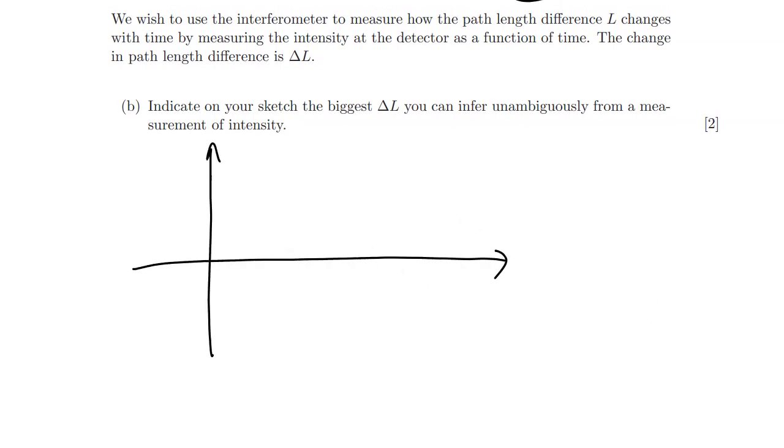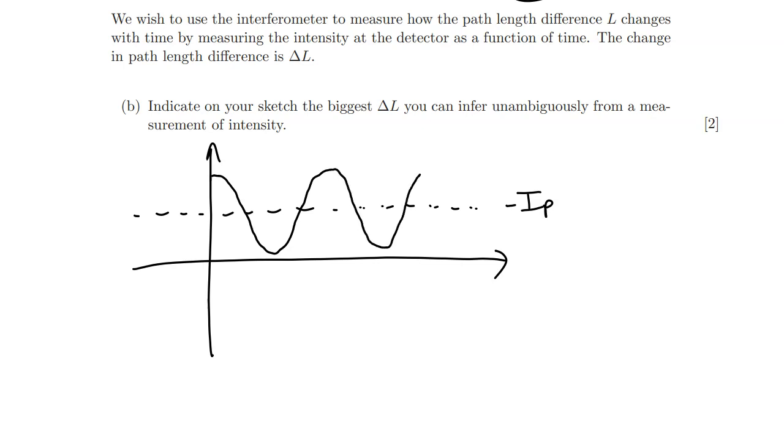So as I mentioned before, we'll have a graph centered around IP. And we'll have two cycles. So there's 1, 2.